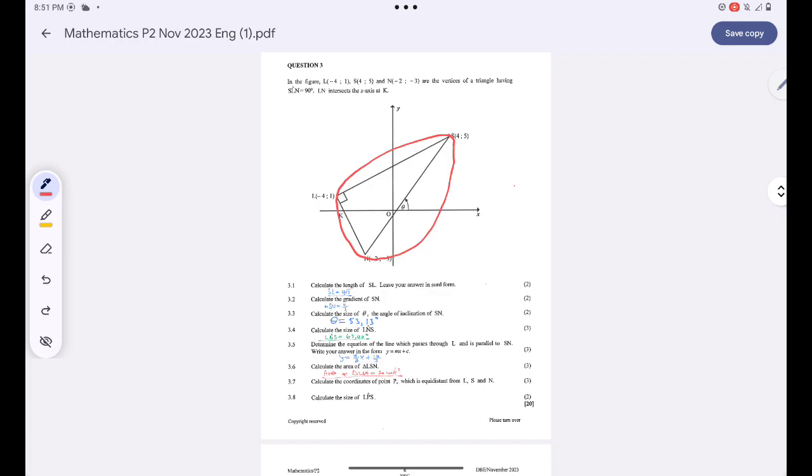And since I know that P is the center, that means P is in here. Why? Because SN is a diameter. Why do I say SN is a diameter? Because it subtends an angle of 90 degrees. So if I can just calculate the midpoint of SN, those will be the coordinates of P.